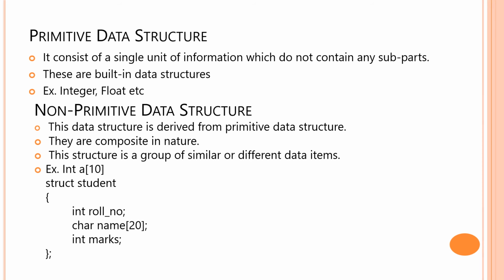This structure is a group of similar or different data items. For example, the first example is an integer array. An integer array is a collection of similar data types, and a structure is a collection of different data types.